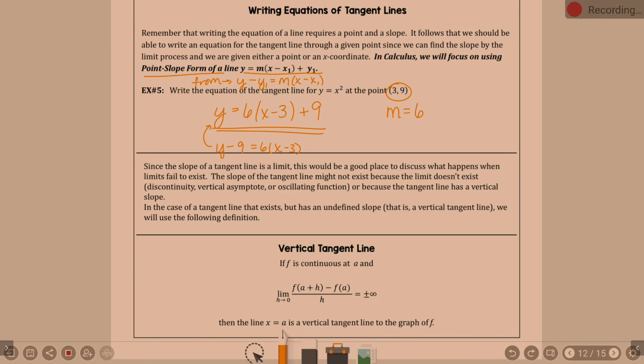So for a vertical line tangent to the graph of f, that limit is going to go to positive or negative infinity. That's when your slope is some number divided by 0.